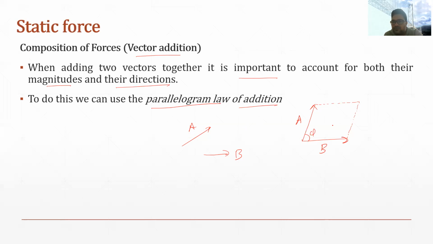The resultant of these two forces will be the diagonal of this parallelogram. So I can say here R equals A plus B. That is what I am showing you graphically.